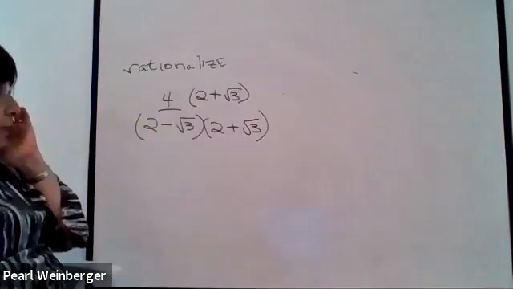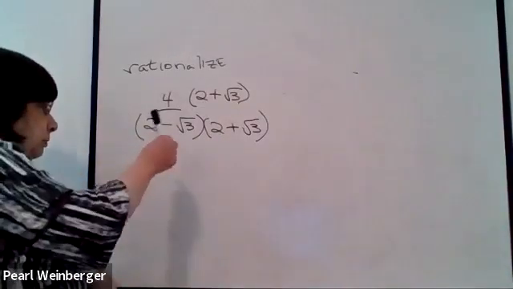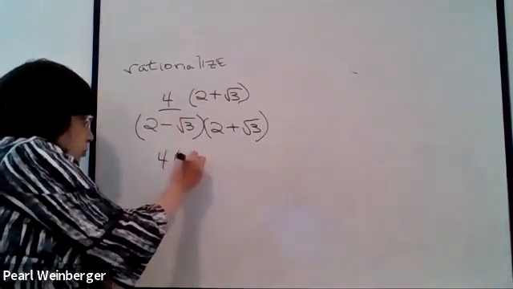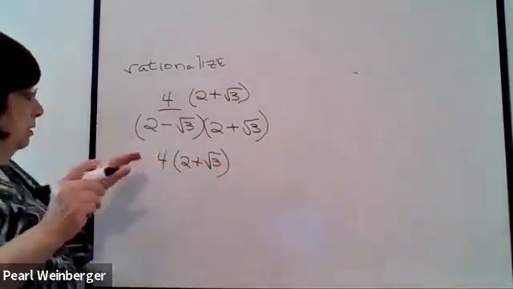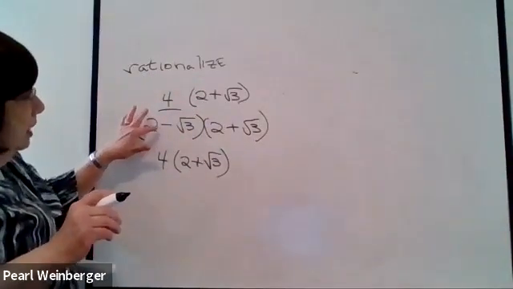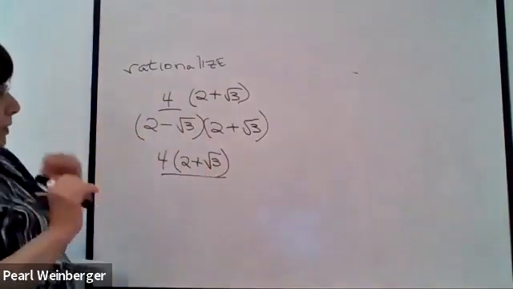Now let's see what happens. In the numerator, I'm just going to leave it 4 times parentheses 2 plus radical 3. I'm not even doing the multiplication yet. I'm concentrating on what's happening in the denominator. I'll worry about the top in a minute.